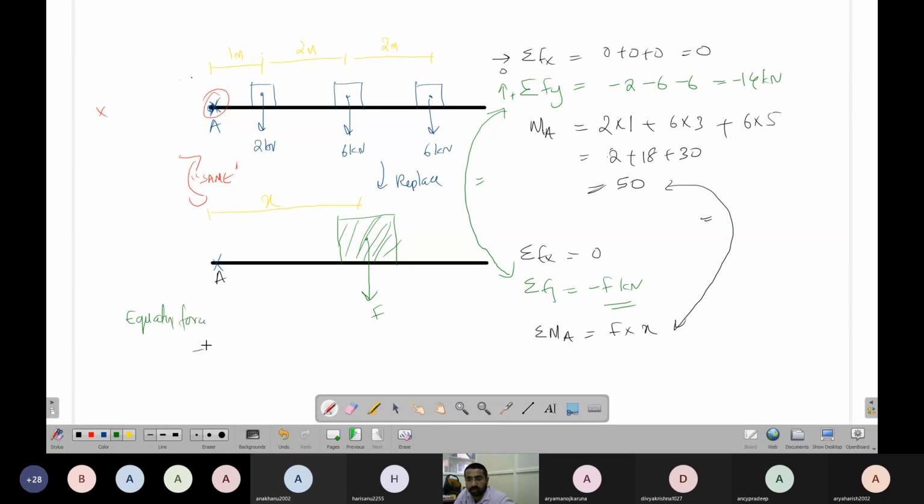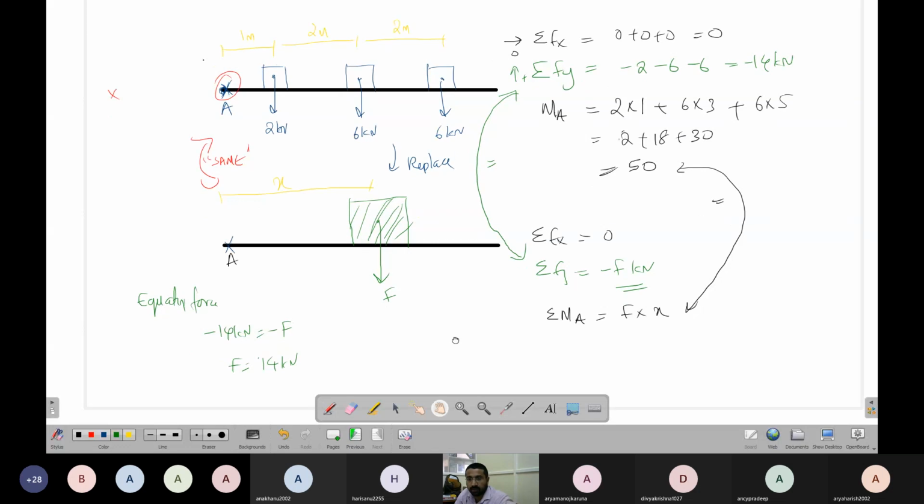Forces gives me -14 kilonewton equal to minus F. So that means F equal to 14 kilonewton. Okay.